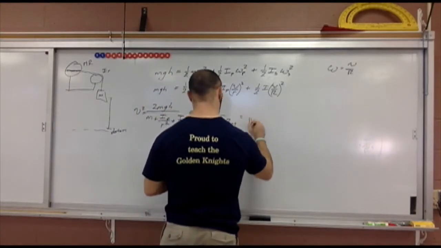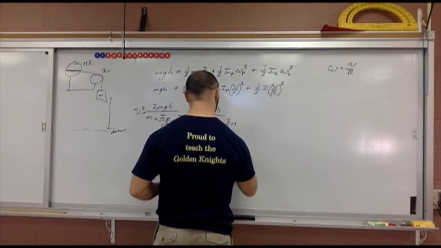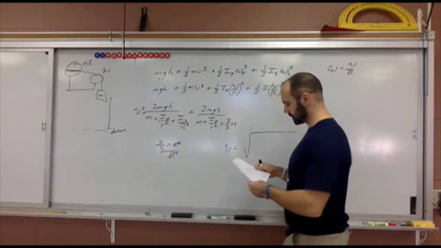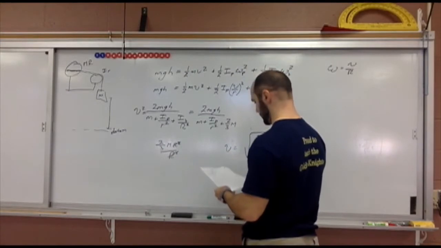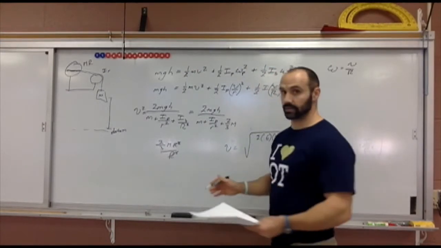And now I believe that we can just plug in numbers. So then omega, or rather v, will be the square root of this whole thing. So that's going to be 2 times 0.6 times 9.8. I did use 9.8 this time.